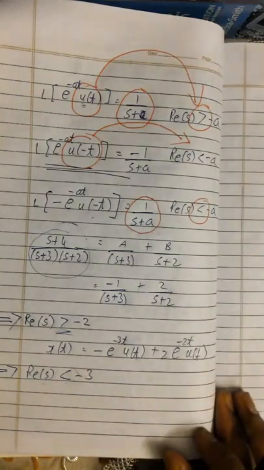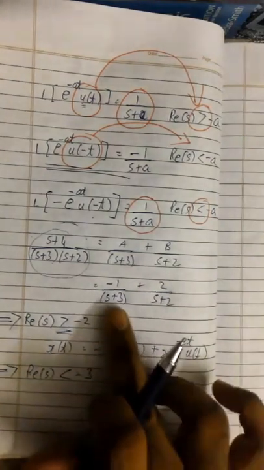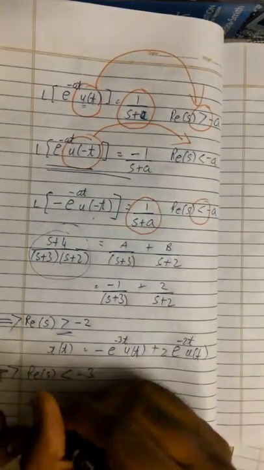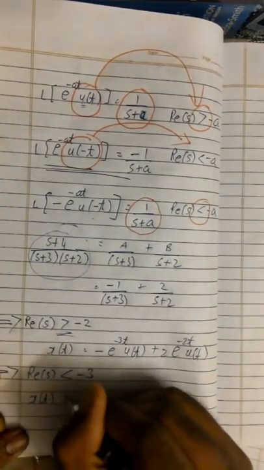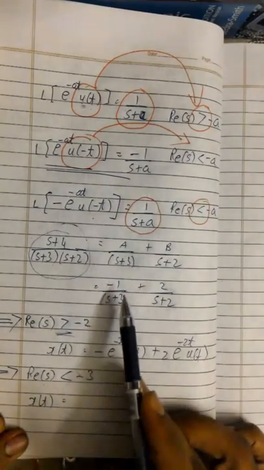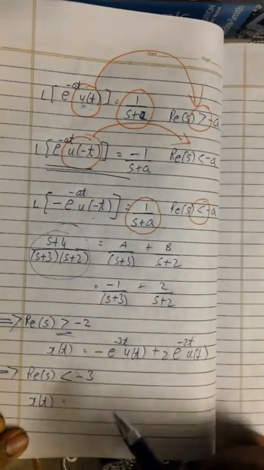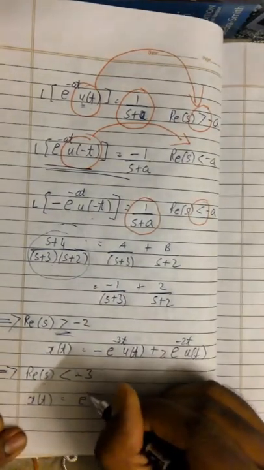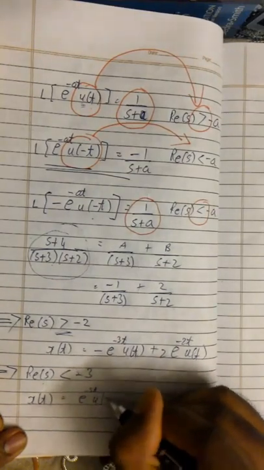So here e raised to minus 3t, right? The negative of this is plus e raised to minus 3t. So it will become plus e raised to minus 3t u of minus t.